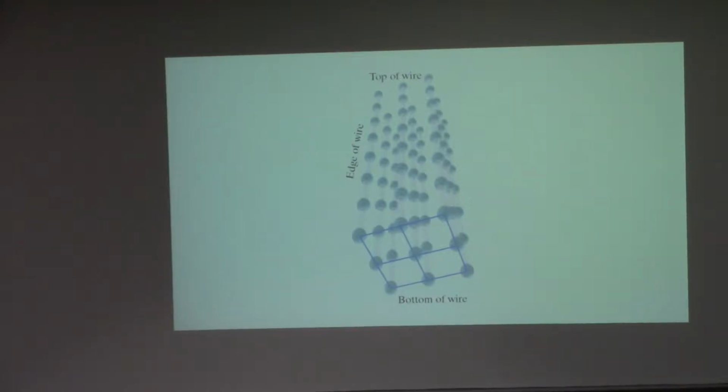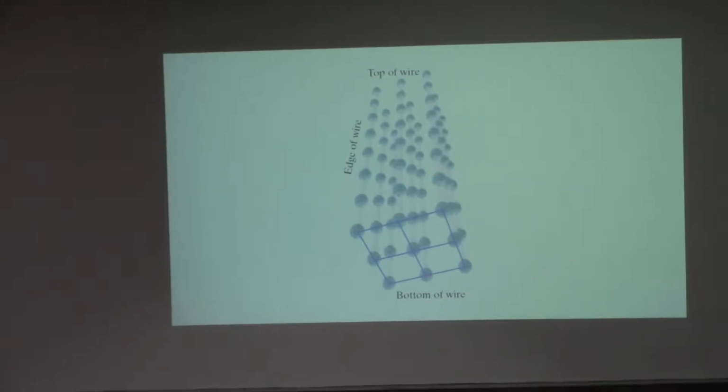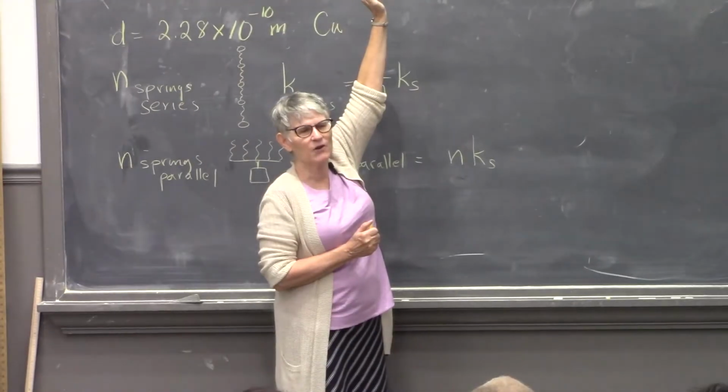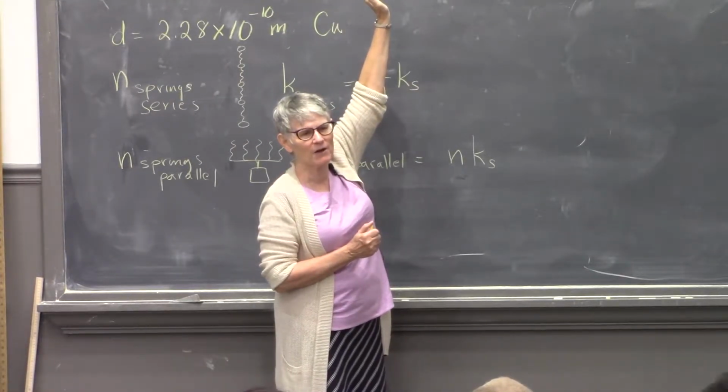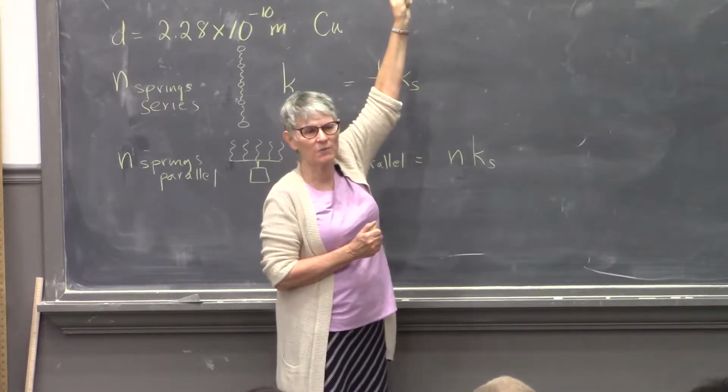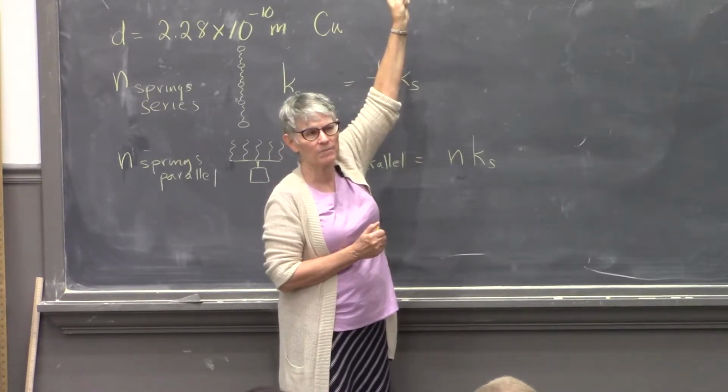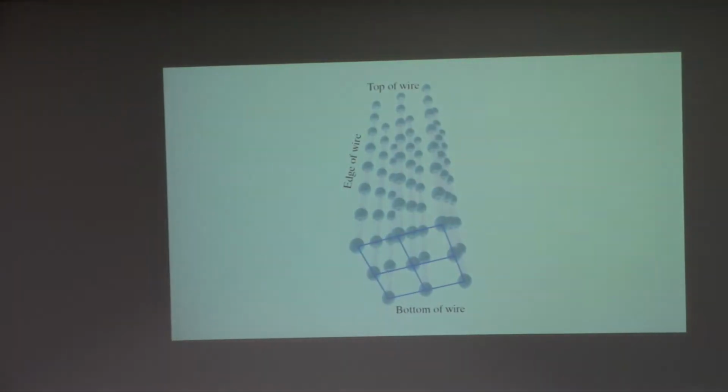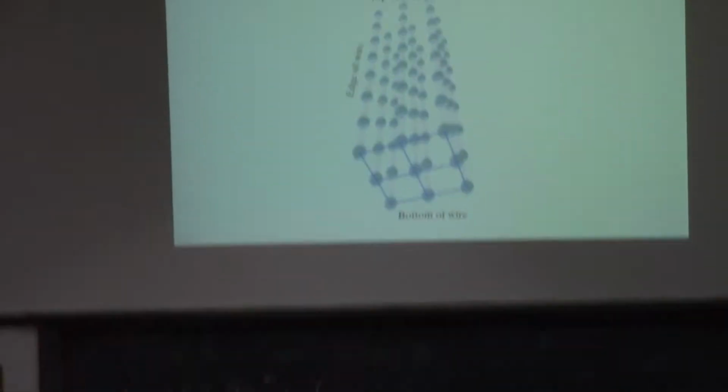The length of the wire doesn't give us the number of chains in parallel. What we have to do is look up from the bottom and basically count the number of atoms we see from the bottom, right? Because each atom is the end of a parallel chain. So what we need to do is stand under the wire, look up, and just count the atoms in the cross-section of the wire.